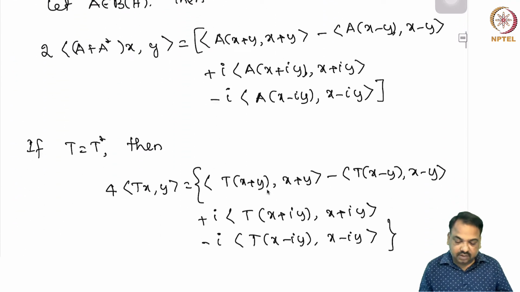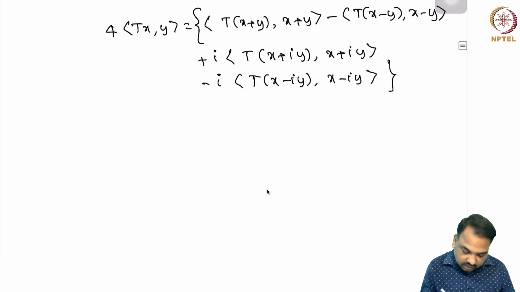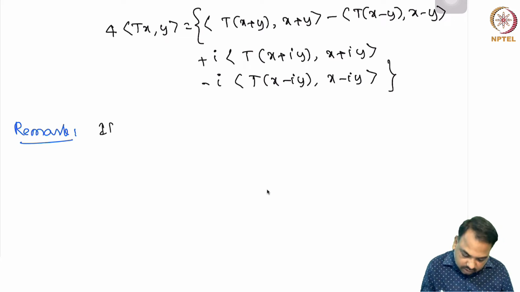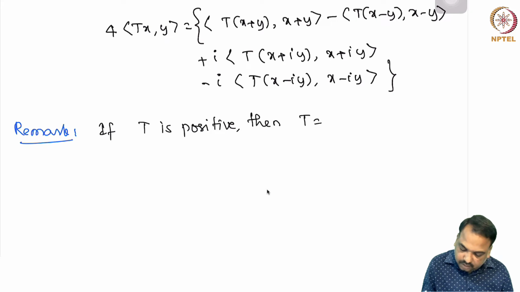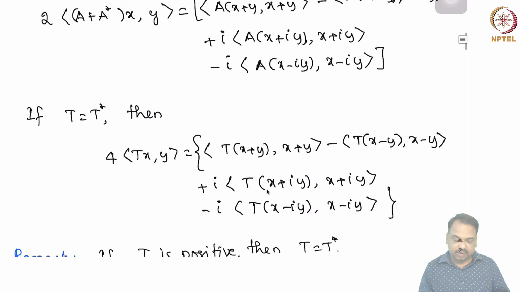So if T is positive, then the inner product of Tx with x is positive, hence it is self-adjoint. If T is positive, then T is self-adjoint.